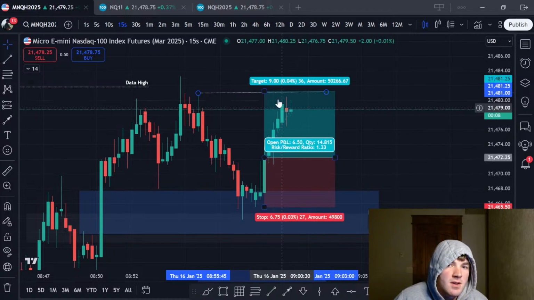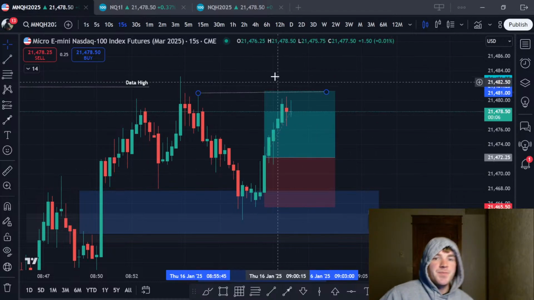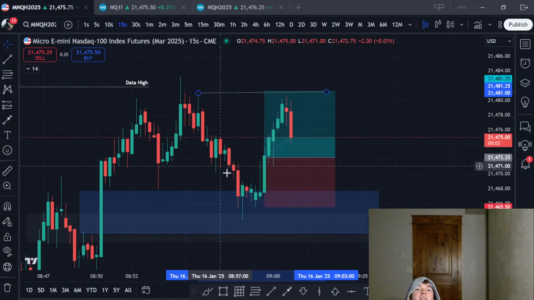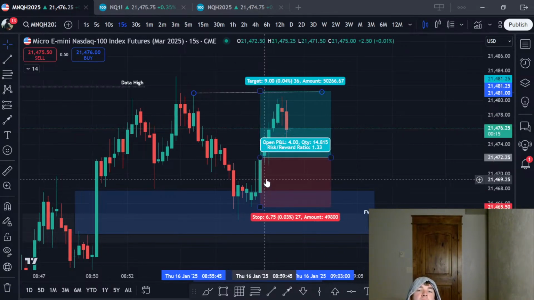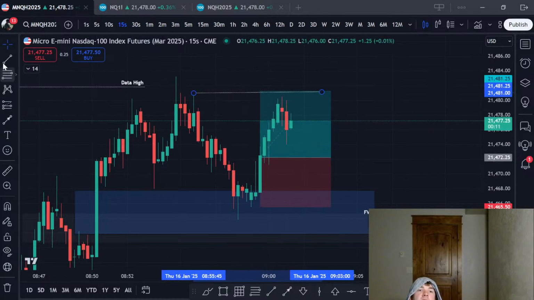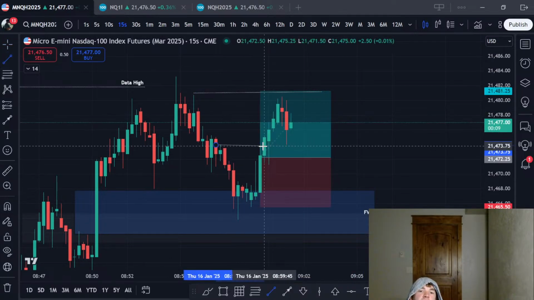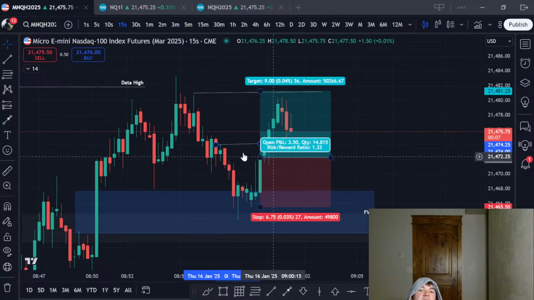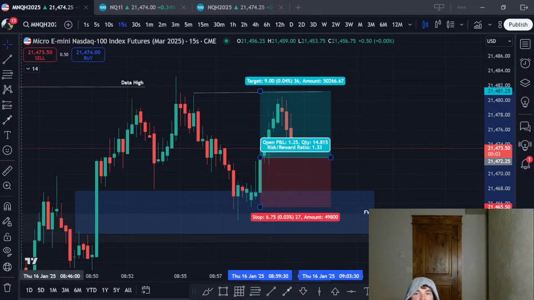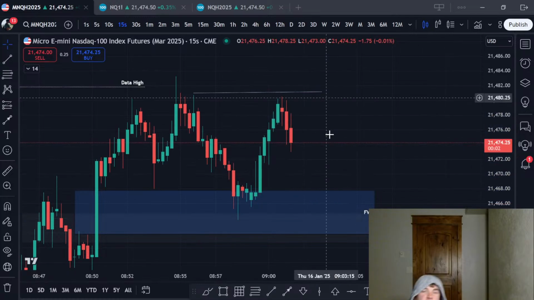Basically, you are accelerating the market towards other people's stop losses. When I buy here, someone else is selling here, and then I can go break even here, for instance. But you get the idea.